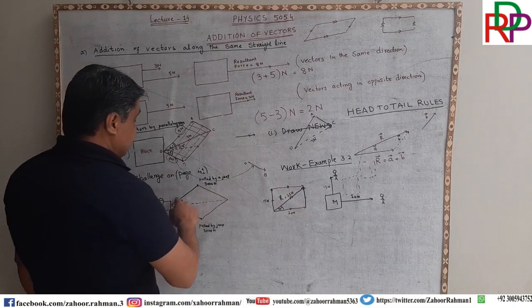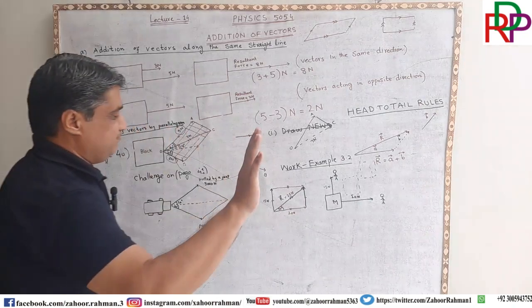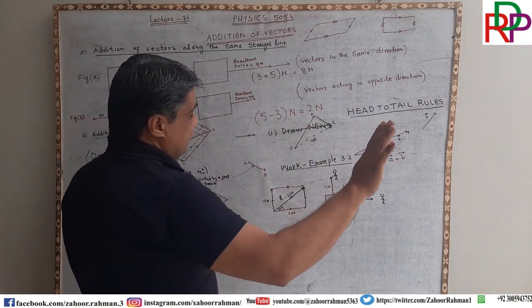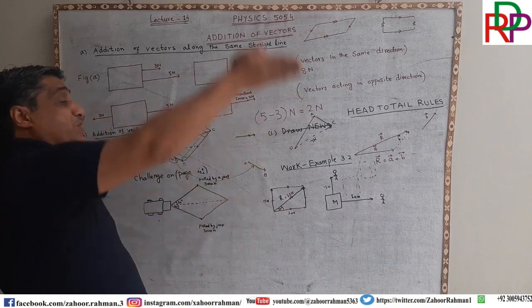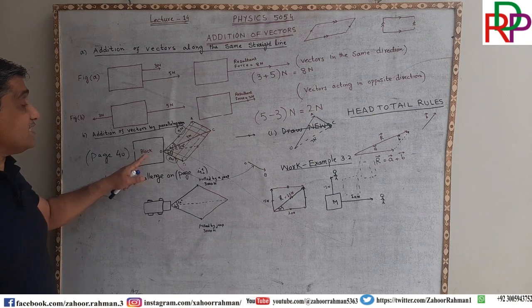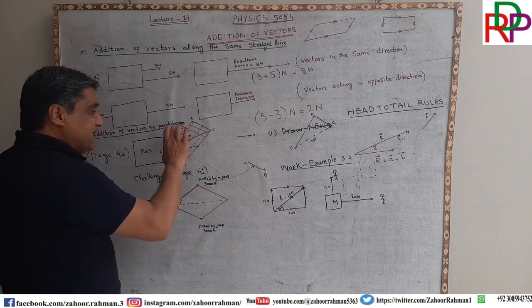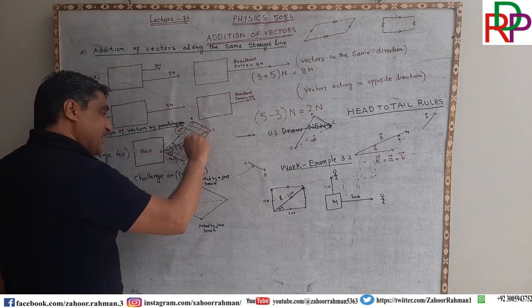So this lorry will move in, ladies and gentlemen, note one thing, that in this case the two forces are different, so it will move with an angle. In this case the two forces are having a little bit of difference, so it is moving in this direction.